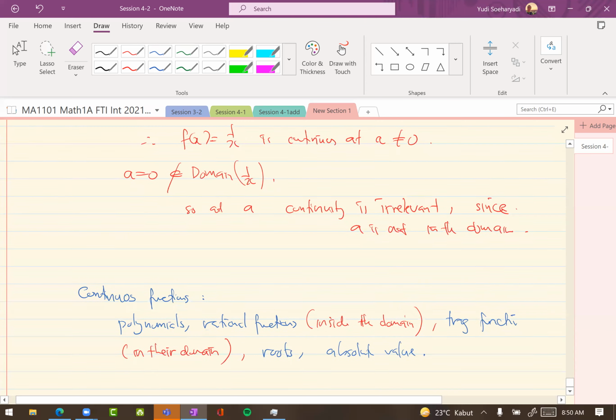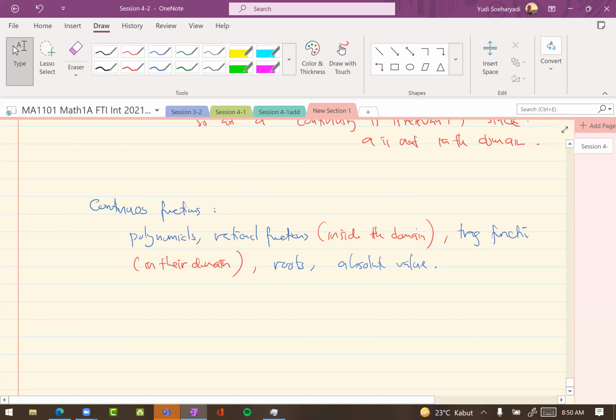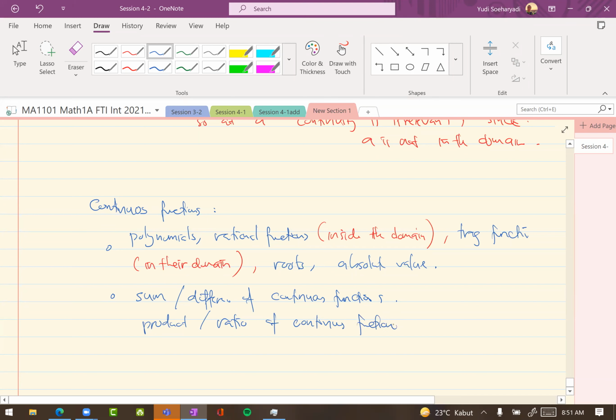Those are continuous functions. And what else? The sum or difference of continuous functions, or the product, or division, the ratio, say. Can define later.